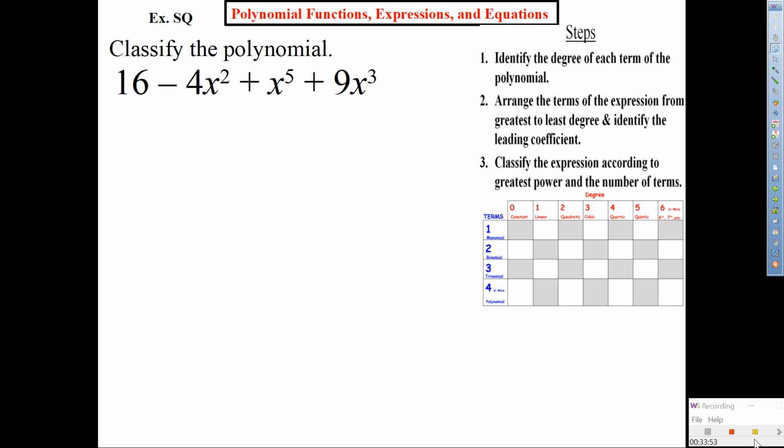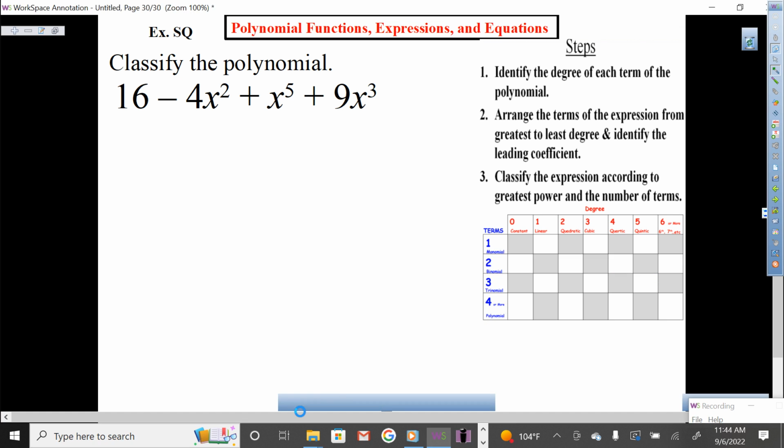Copy and go. Yeah, it's a polynomial. Unless it's 3 or less, then you look for the other names. But anything after that is pretty much that.